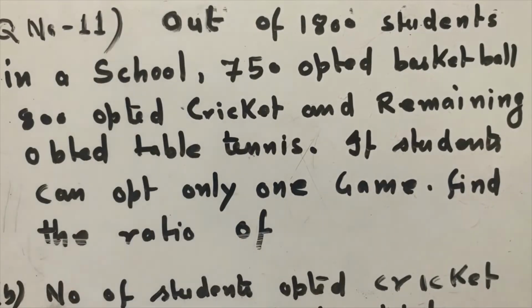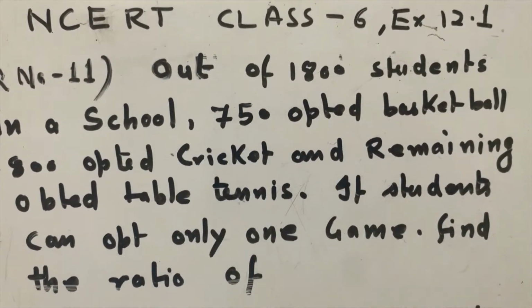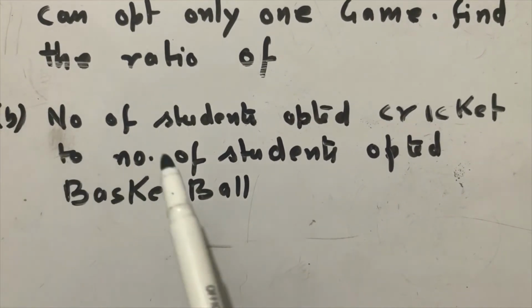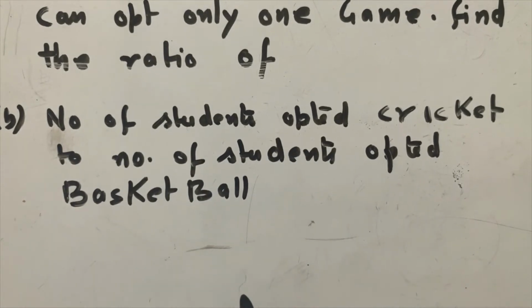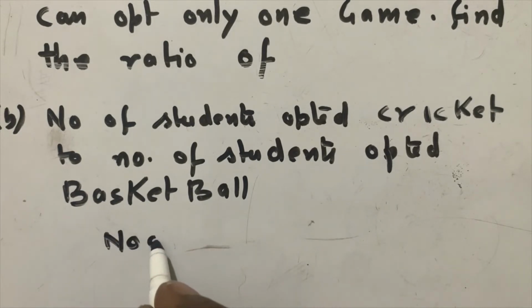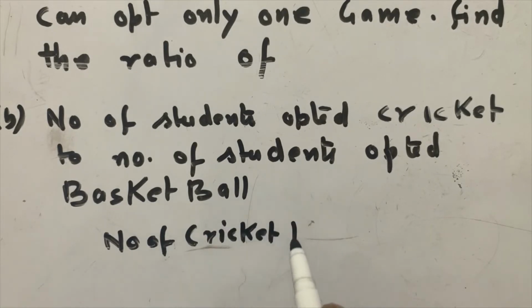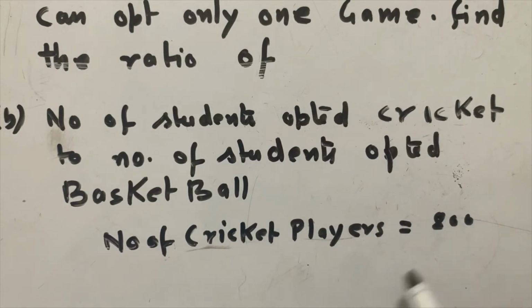Now question number 11, exercise 12.1, ratio and proportion, class 6. Part B is to find the ratio of number of students who opted cricket to number of students who opted basketball. Number of cricket players is equal to 800.